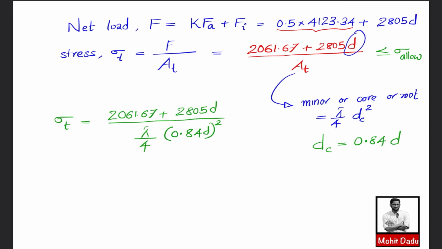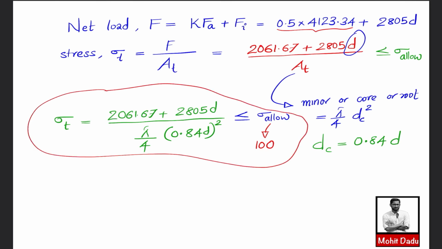Since I am using all values in Newton and mm, this should be lesser than or equal to the sigma allowable, and the sigma allowable value to be substituted is the property which is given. The allowable stress should not exceed 100 megapascal, meaning 100 Newton per mm square. I will be substituting 100 only. So now I can solve this equation.